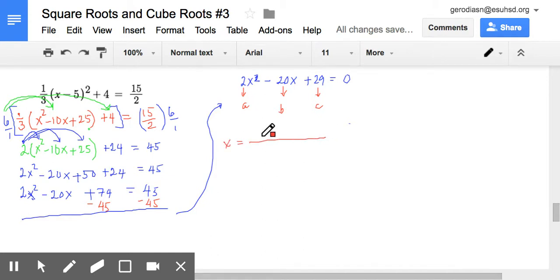X is equal to negative B plus or minus square root of B squared minus 4AC, all over 2A.